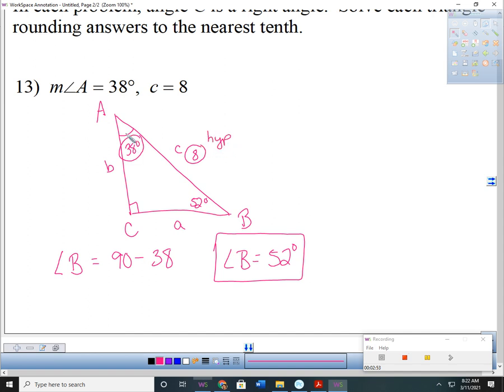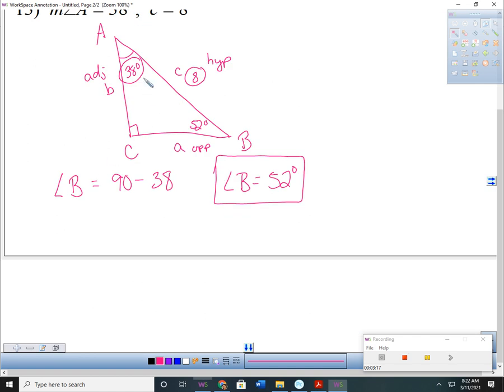In reference to this angle, this side right here is the opposite side, and in reference to this angle, this side is adjacent. So if I want to find side A, that in reference to this angle would be the opposite side, and the side that I have is the hypotenuse. So if I'm doing opposite and hypotenuse, I would do sine.